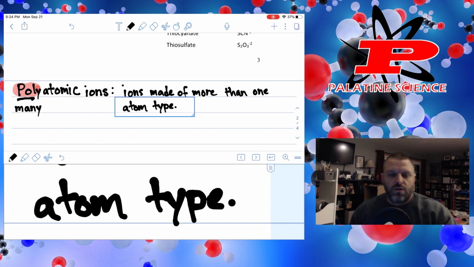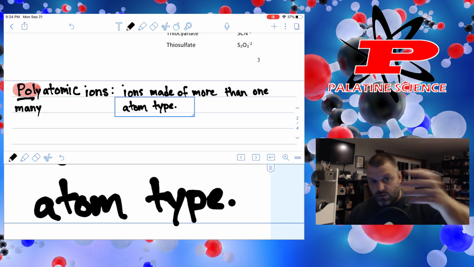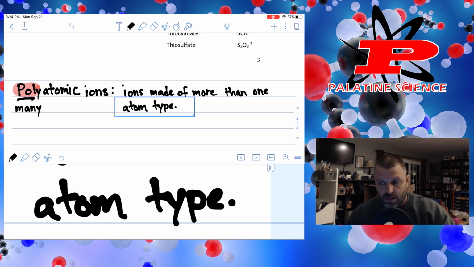Previously, you were working with just one atom type, so you could have NaCl as just sodium and just chloride, the chlorine ion. Or you could have, for example, calcium chloride, in which case you have calcium and then Cl2 as the anion. Well, in polyatomic ions, we're going to combine multiple atoms. All right?